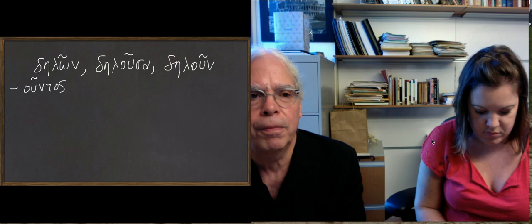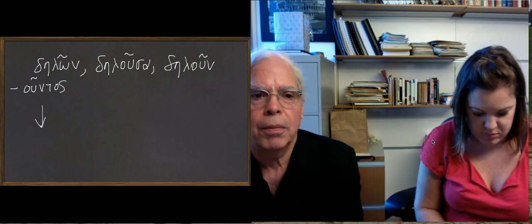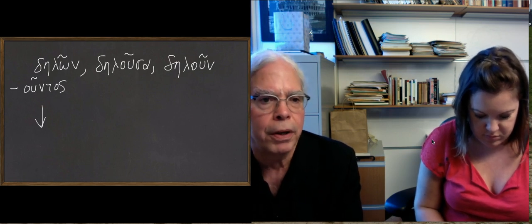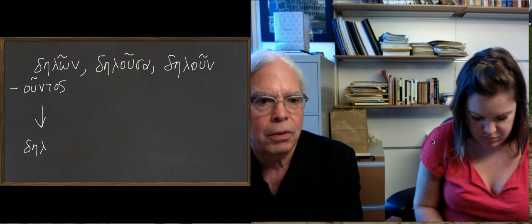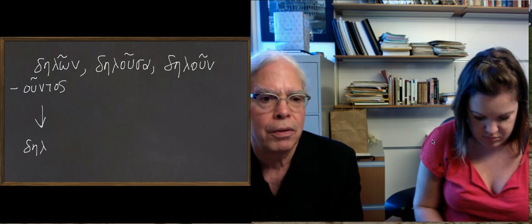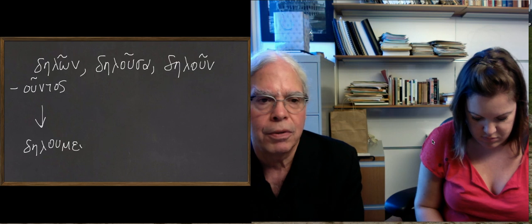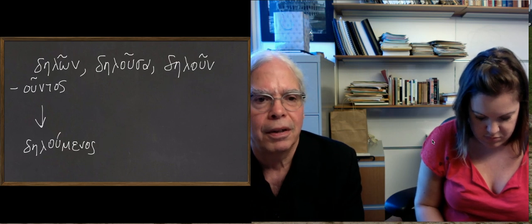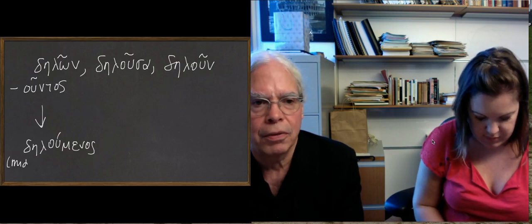I think these are relatively simple. The middle participle is going to be deloumenos, deloumene, deloumenon, O-U, with an acute on the U.